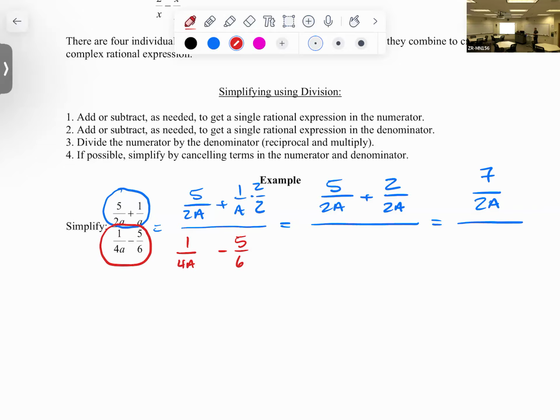It's got to be at least as big as the smallest part. So start with 4 and 6. What's the common denominator between 4 and 6? 24? 12? 24 is a common denominator, but typically we're looking for the least common denominator, the smallest. So always think of the small numbers. Okay, so 12. And then between a and no variable?